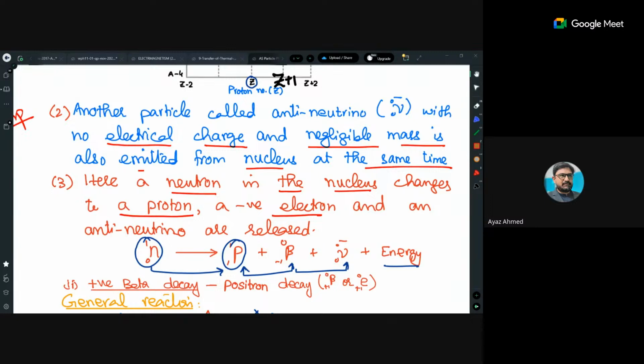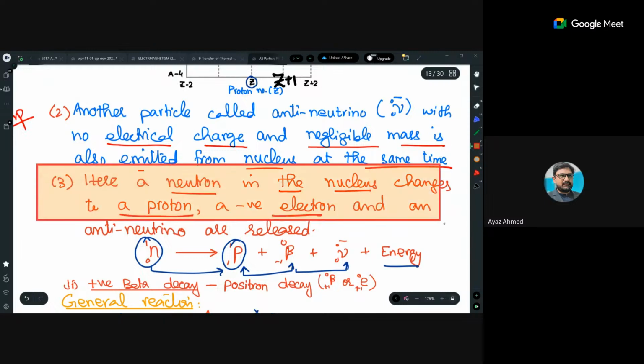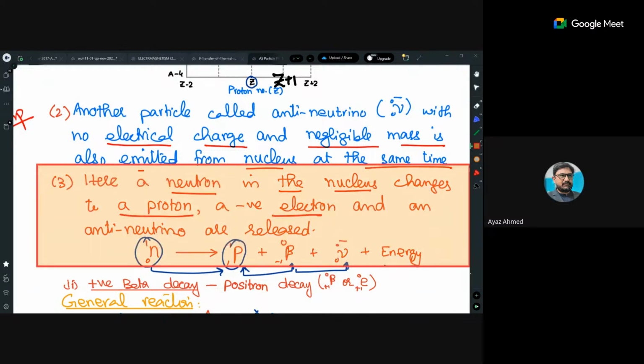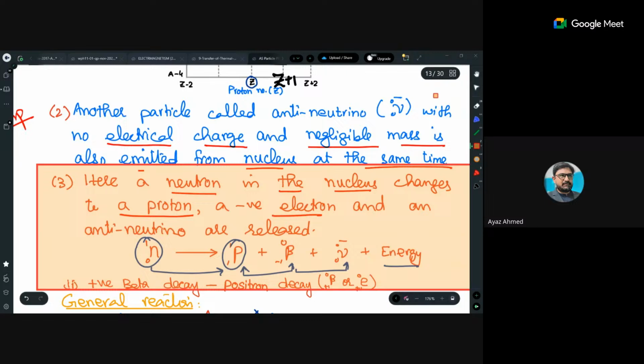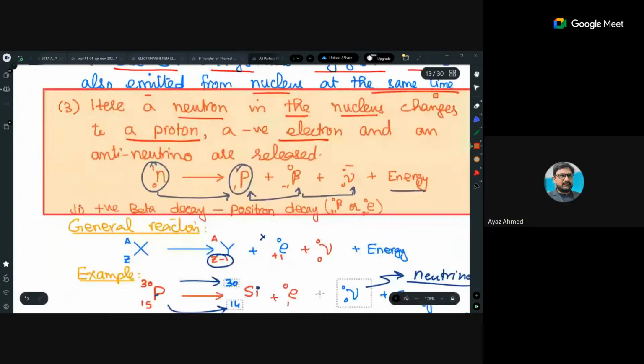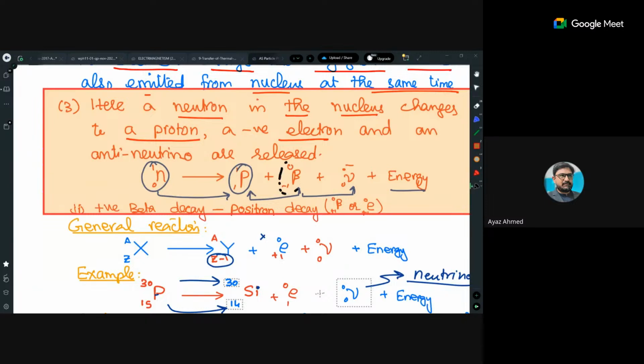Here a neutron is changed into a proton. This is the main point where I wanted to bring you. This is a very important equation: a neutron is converted to a proton, and additionally a negative beta particle and an antineutrino are generated. The antineutrino has the sign 0, 0 and -1 with a bar.